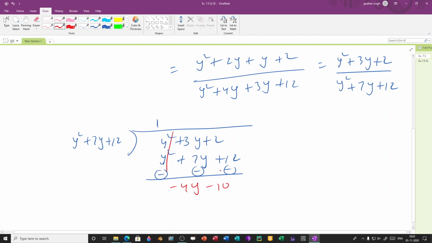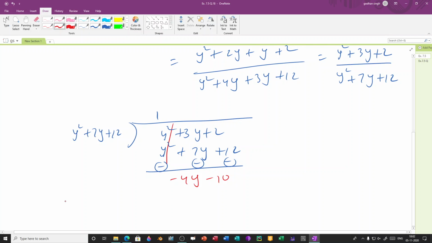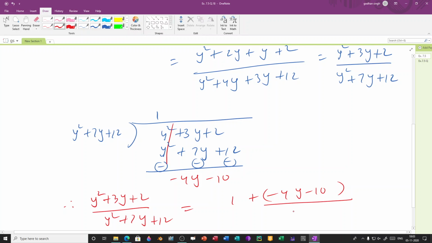Therefore we can write (y square plus 3y plus 2) over (y square plus 7y plus 12) is equal to 1 plus (minus 4y minus 10) over (y square plus 7y plus 12).